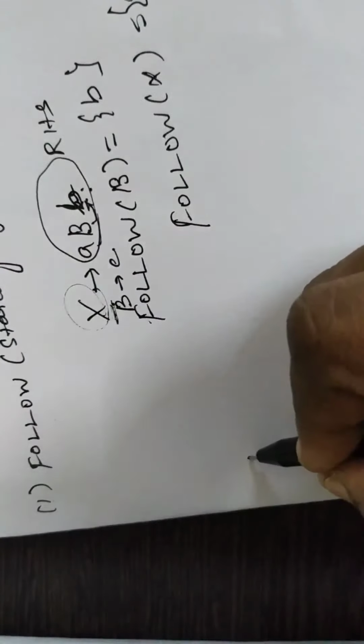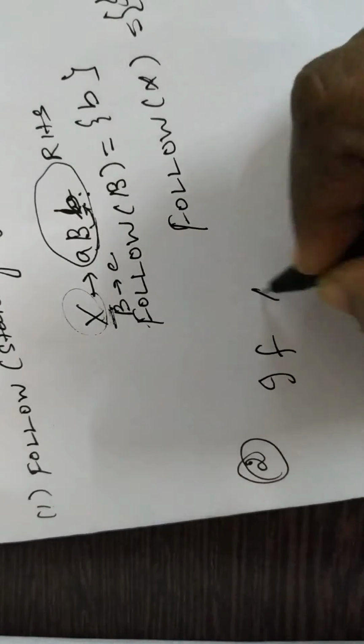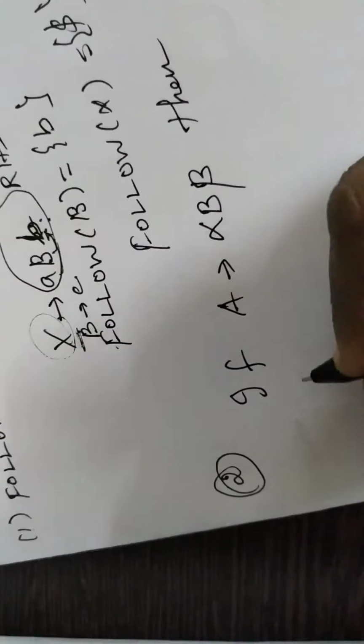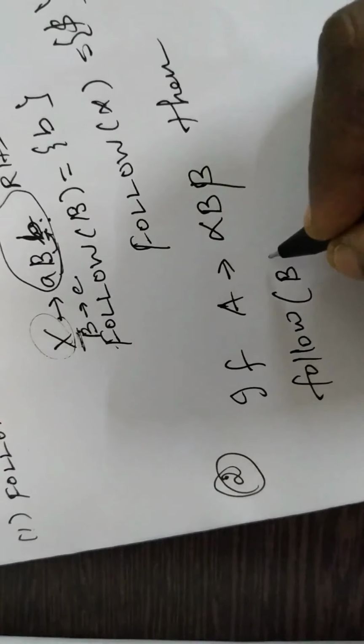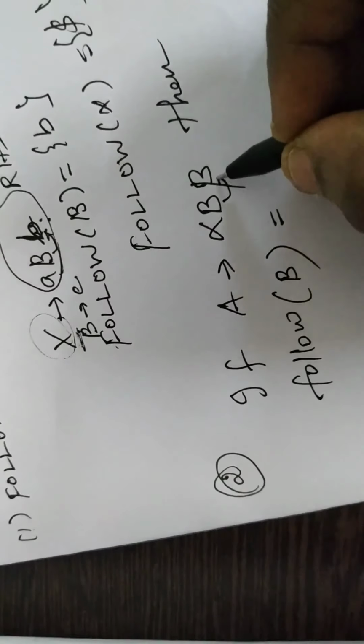Then the second rule. What is the second rule? If A tends to alpha B beta, then follow of B: who is following B? Beta.